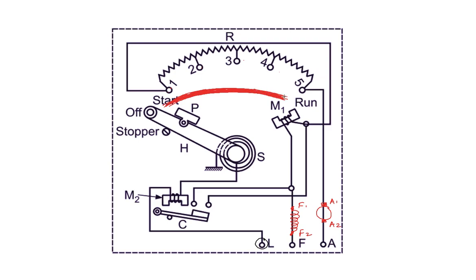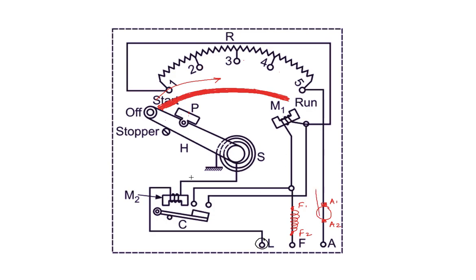By this copper strip the handle rotates, and on the handle there is a small iron piece. When it goes from here to here, these two are stuck together. So now you can say that there are two parallel paths, one parallel path is this and another is this.